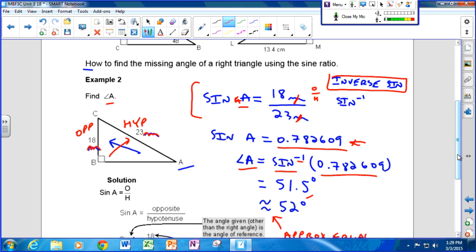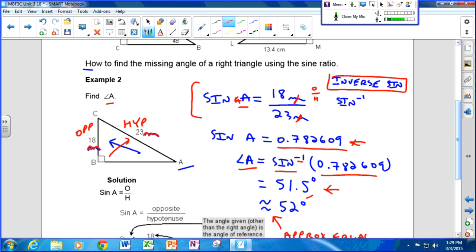Press the button of that color. If it's yellow, you press the yellow button. If it's white, you press the white button. In my case, it's blue, so I press the blue button. Then you press the sine button, and that gives you the inverse sine function. And then that should immediately give you the answer. If it doesn't, you try pressing equals, and you should have this answer right here.